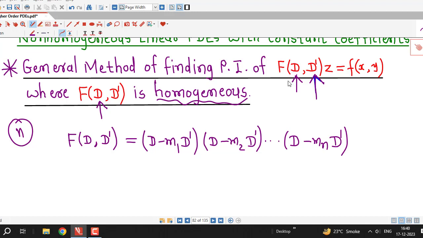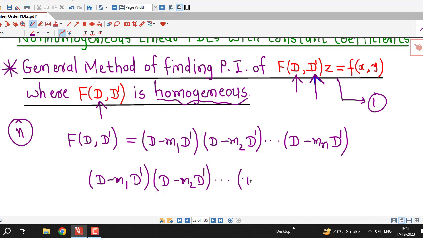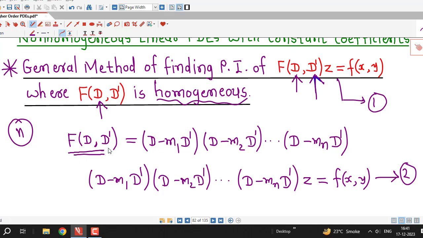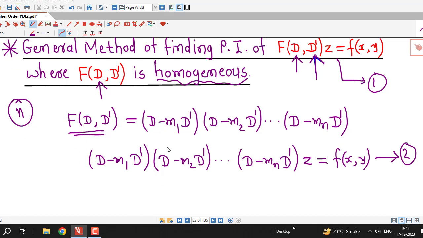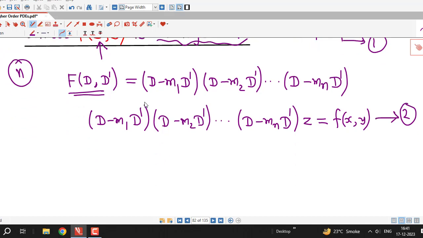So we can see that if F(D, D') is homogeneous, then equation number 1 can be written in this form: (D - m1 D')(D - m2 D') and so on, (D - mn D') z = f(x,y). So we have written equation number 1 in another form by expressing F(D, D') as a product of n linear factors of the form D - mD'.